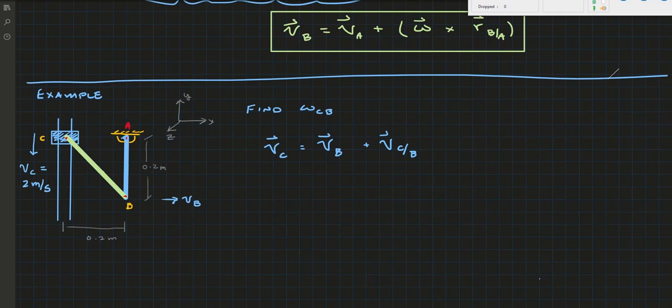That are the position vector rB with respect to A, which you'll see makes a difference here in a few seconds when we work this out. So this equals the velocity of B plus, remember that we can do this as omega cross r of C with respect to B, because the velocity of C with respect to B is not necessarily easy to figure out.